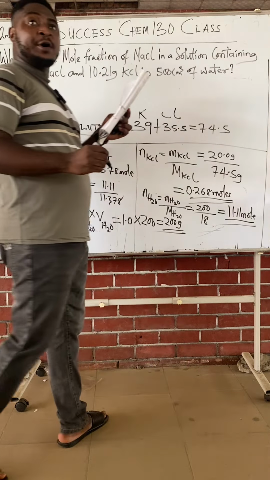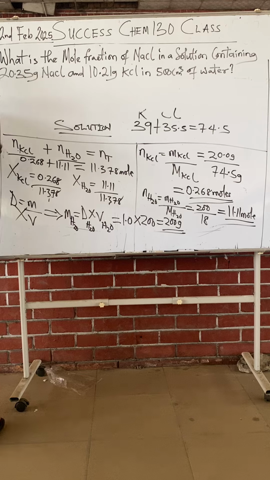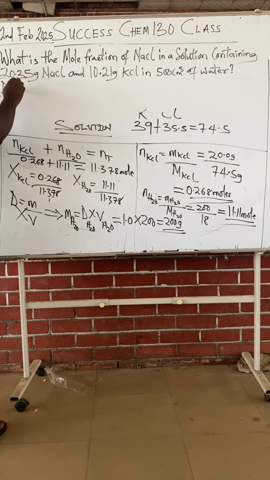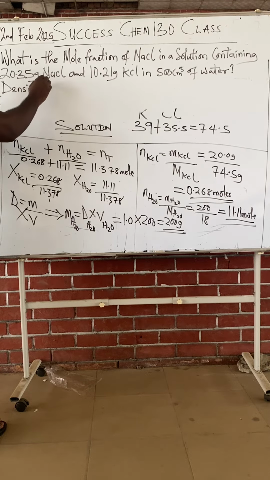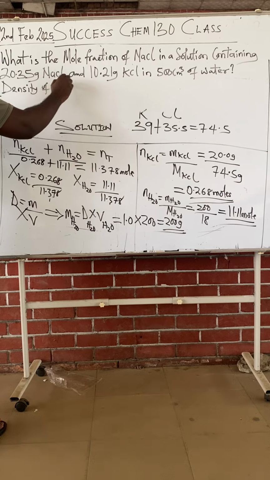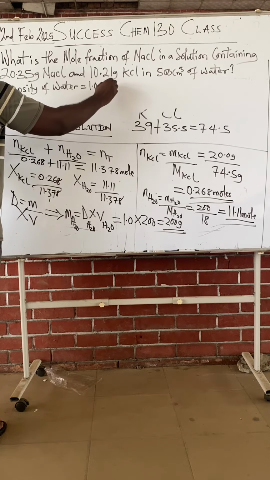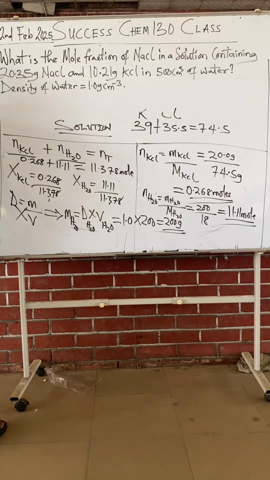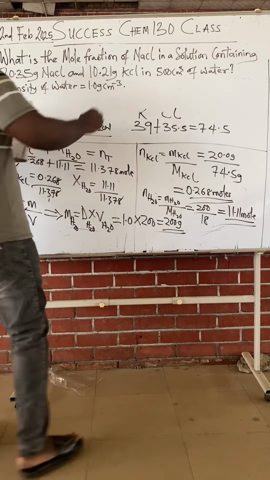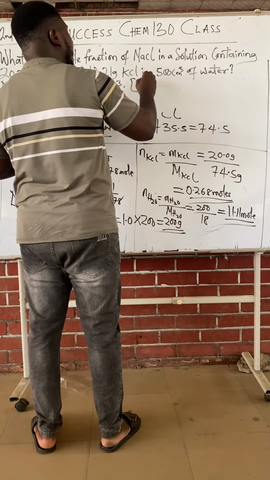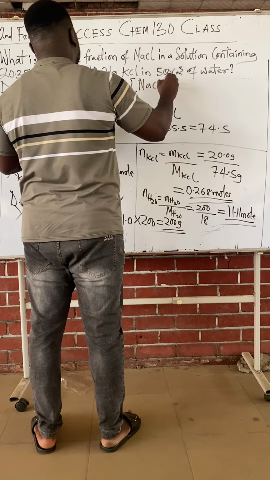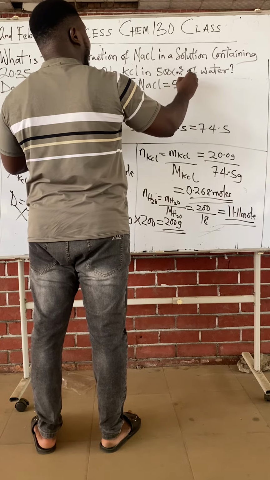In the question they say we should take density of water as 1.0 gram per cm cube. They also give us some other things. Molecular mass of NaCl is 58.45.